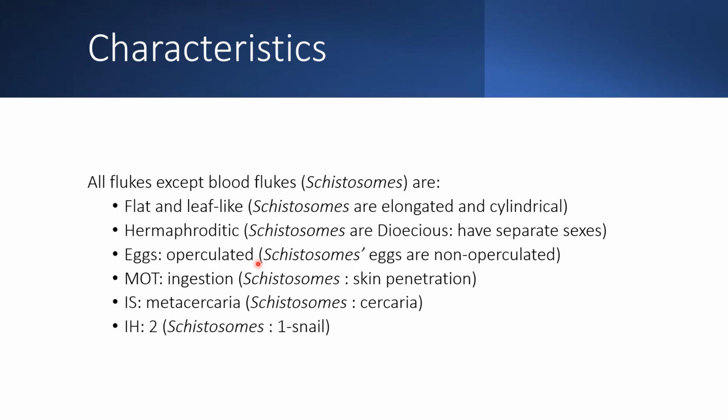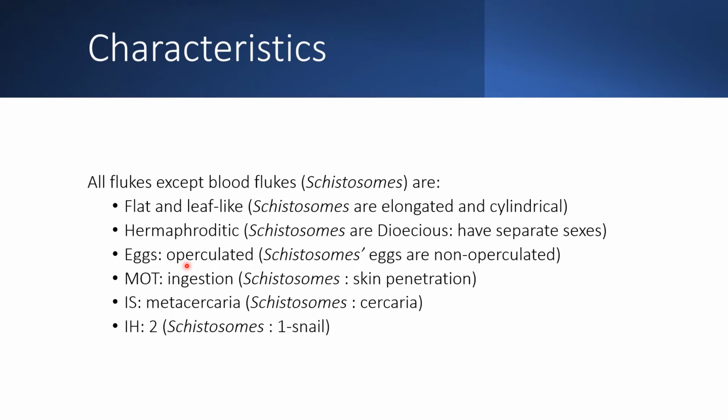So how are these schistosomes able to move out from their eggs? Through the enzymes that they secrete. The enzymes that they secrete tend to degrade the shell.